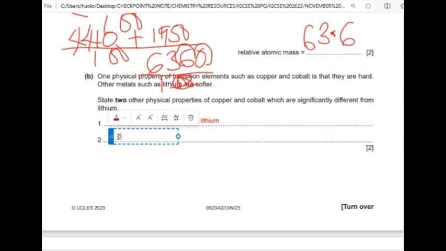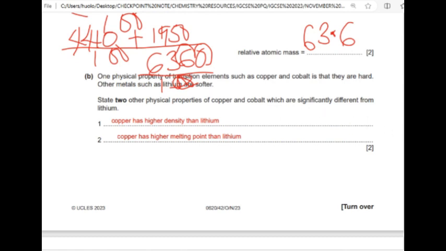Obviously copper has higher melting point than lithium. We could use boiling points, melting points. So copper has higher melting points, higher boiling points than lithium.